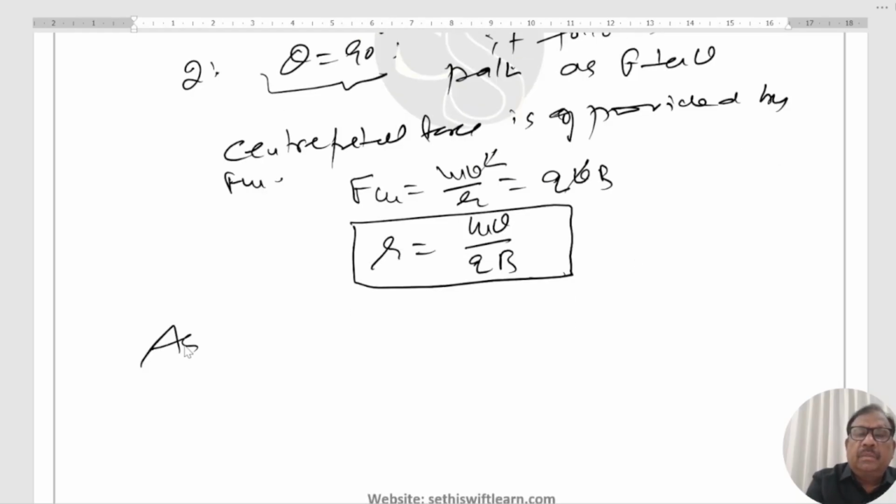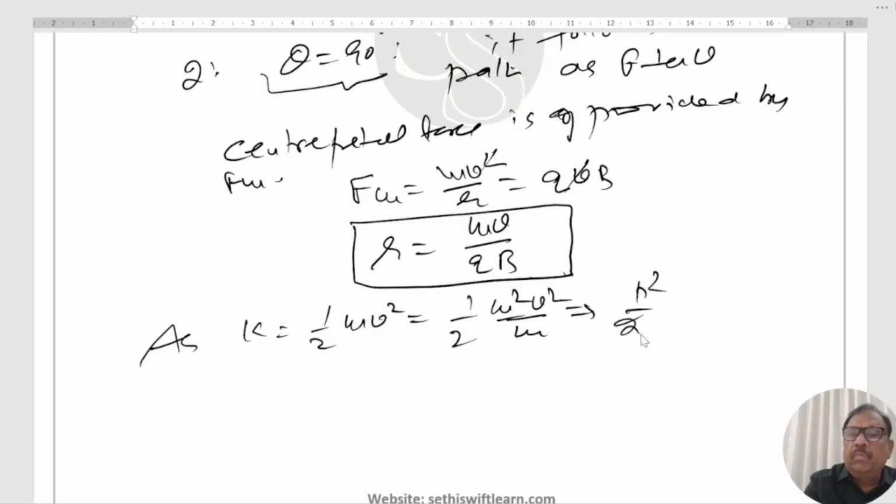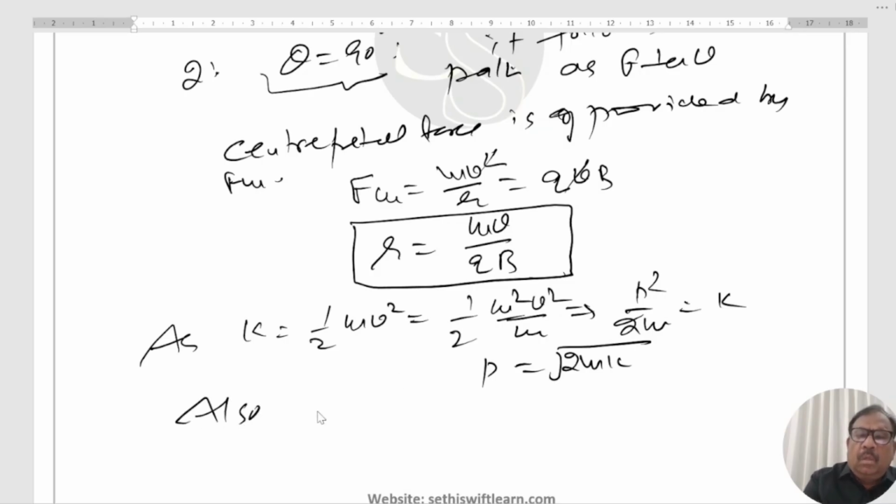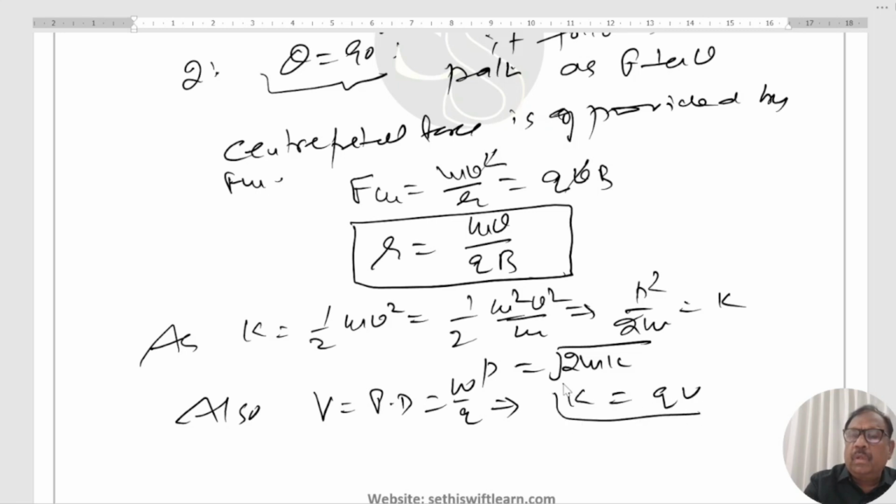Now, kinetic energy is given by half mv squared, which equals p squared by 2m. Therefore, p squared by 2m equals K, so p equals root of 2mK. Also, work done by the potential difference on the charge gives K equal to qV.